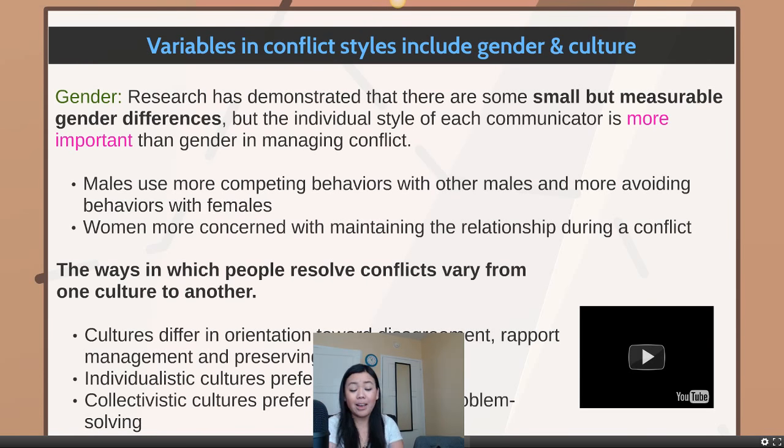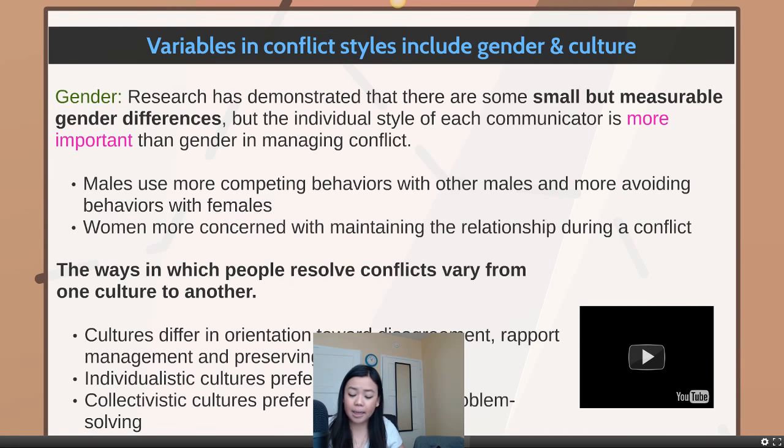So there's a difference between fighting about the conflict itself and the emotional relationship impact of the conflict, right? Because, for example, we can find a solution to a conflict, but it might change our relationship with that person after the conflict is said and done. And so males tend to focus on the goal of the conflict, which is to resolve the conflict and find a solution. Females tend to focus on how can I preserve or keep safe or keep good the relationship as I'm working through the conflict.